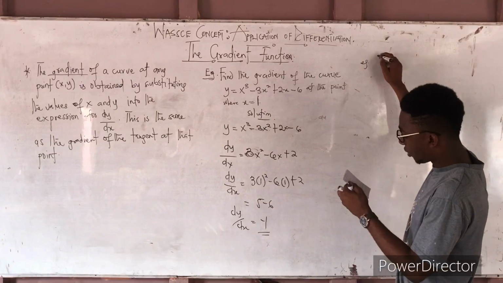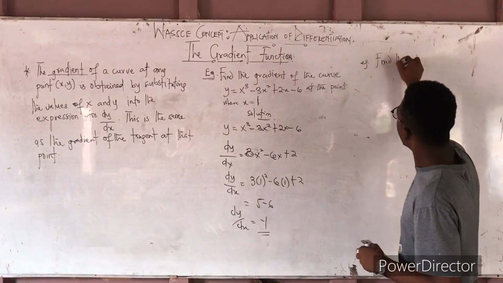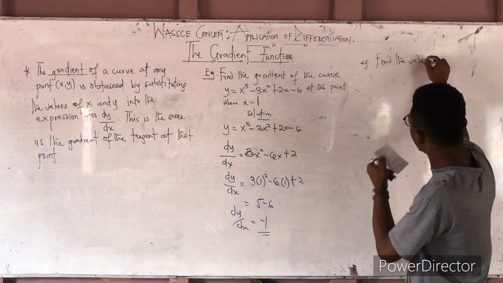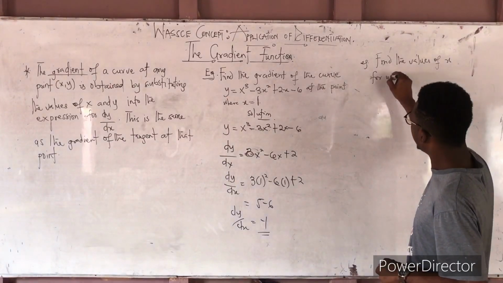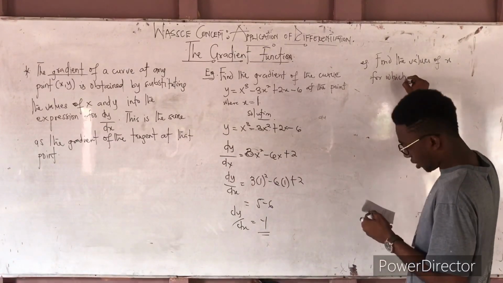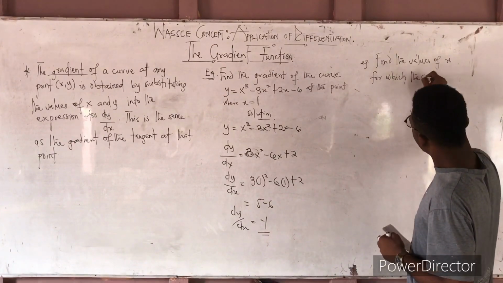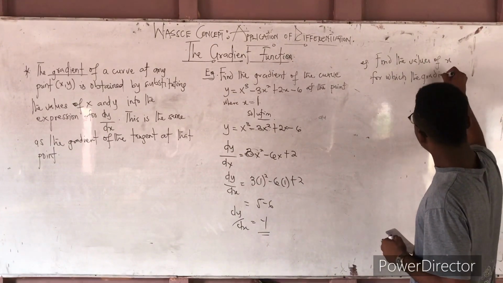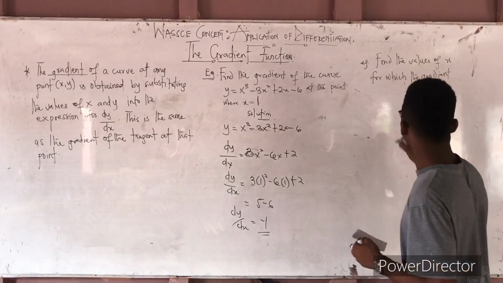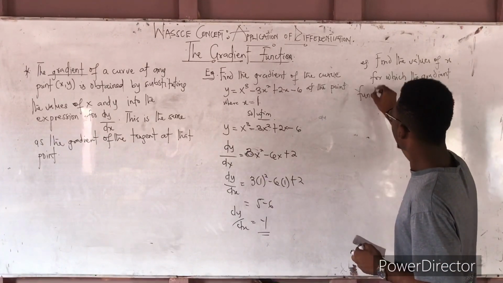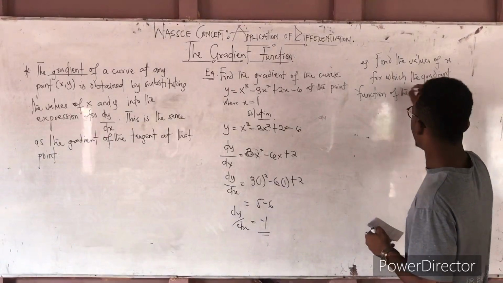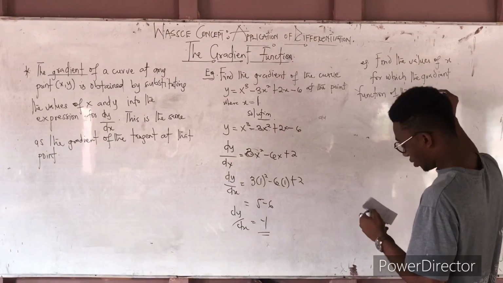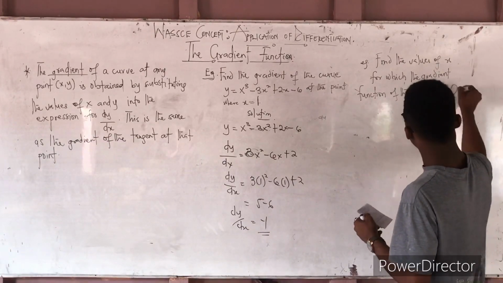Okay. Let's take another example. Example 2. And let's see what we can do. So find the values of x for which the gradient function of the curve is 0.